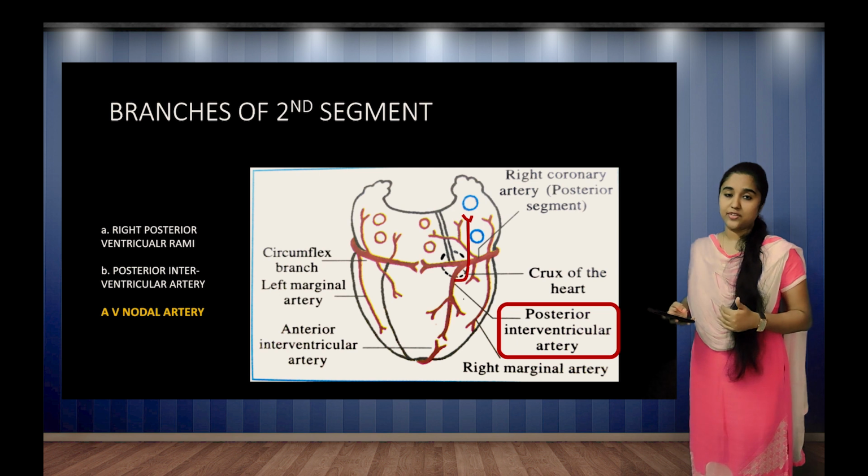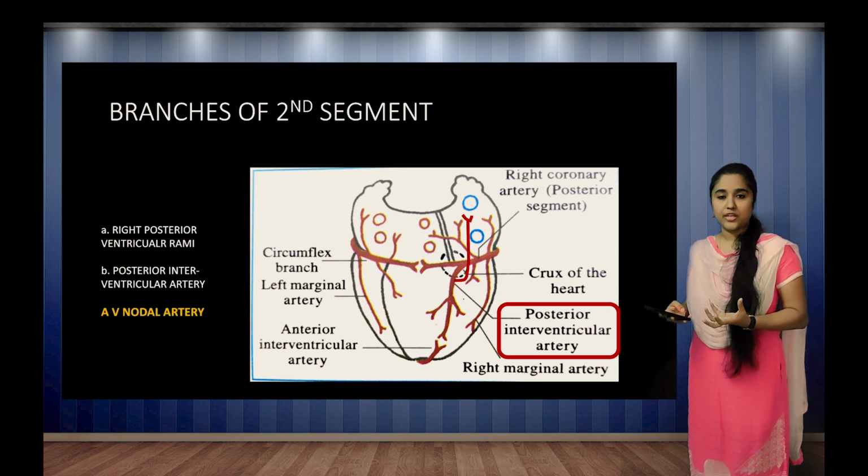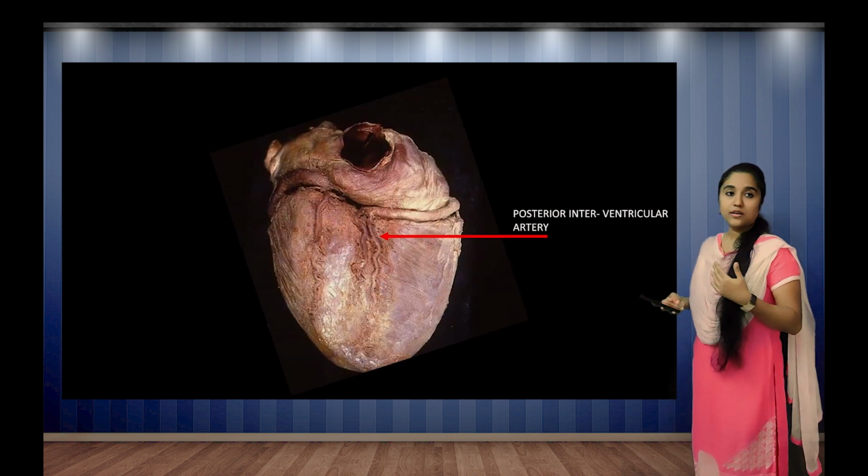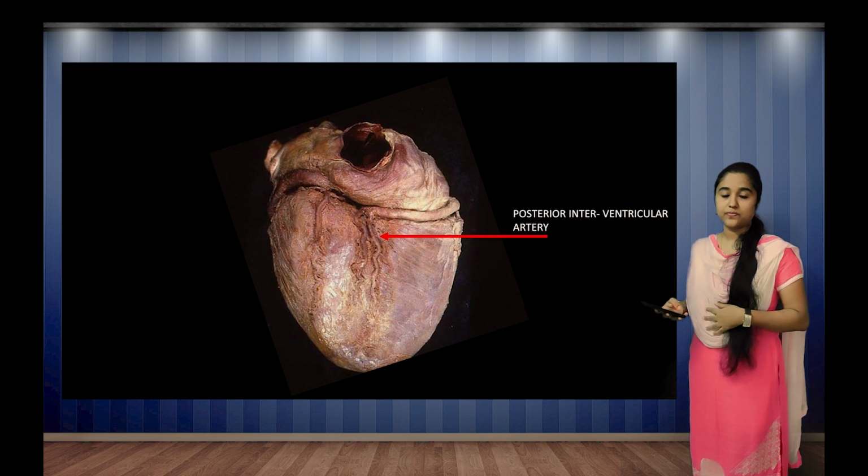That artery is referred to as the AV nodal artery. In about 80 to 90% of the population, the AV nodal artery is supplied by the posterior interventricular branch of the right coronary artery. Now you can see in this figure the posterior interventricular artery.